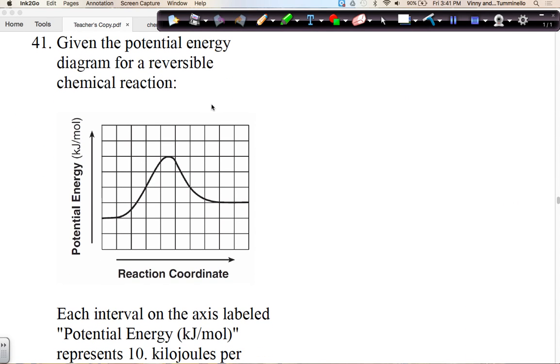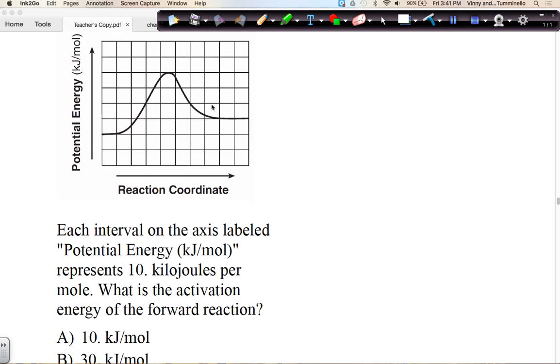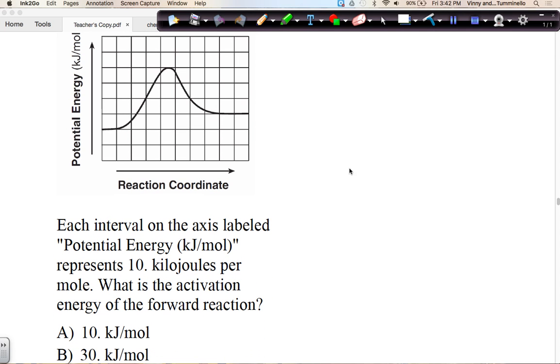41, given the potential energy diagram for a reversible chemical reaction. So what we should notice when looking at this potential energy diagram, we know that the reactants are where we start. We go up to the top, which is the activated complex, and then we come down to the products.